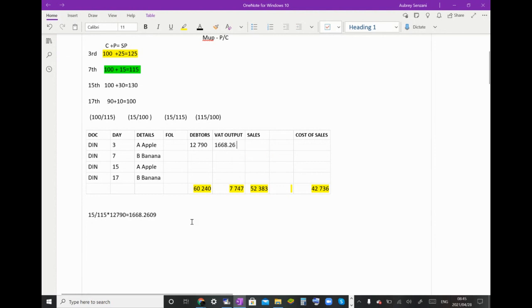Then obviously, the difference between the two, the VAT inclusive and the VAT exclusive, will then be the sales amount. Because remember, sales is VAT exclusive. Okay, let's quickly calculate that. And there you have it.